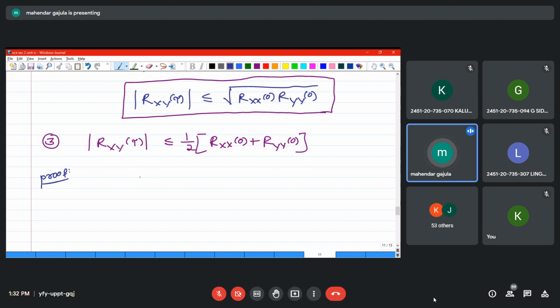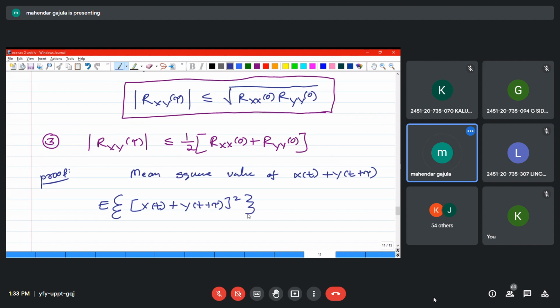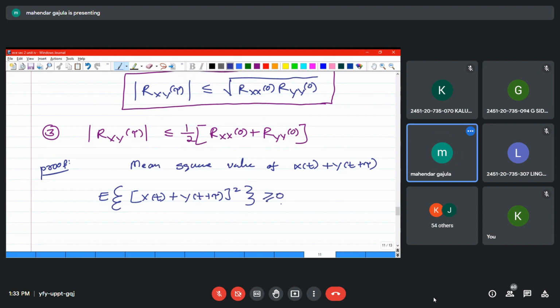This time I am going to find out the mean square value of x(t) plus y(t plus tau). What is this? Expectation of x(t) plus y(t plus tau) whole square. Mean square value is greater than or equal to 0.